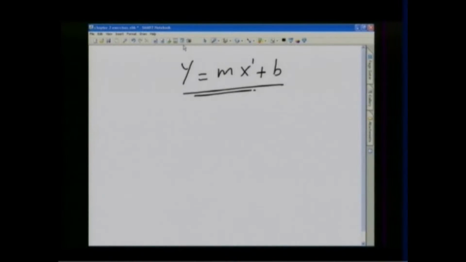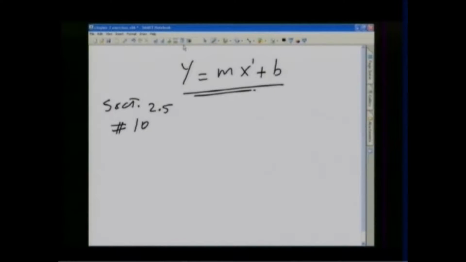Okay, so the first part, problem number 10, section 2.5, problem number 10.